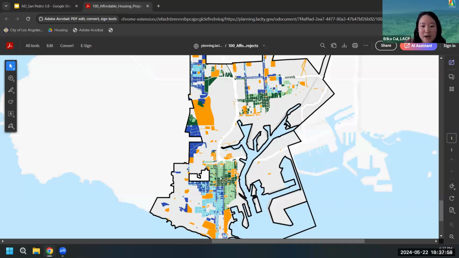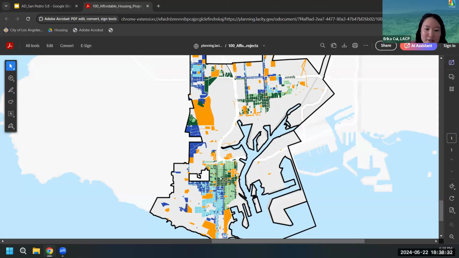That study broke up the city into what they call market tiers, and a market tier is basically the strength of the rental market in that area and the for sale market prices. Low market tiers are generally areas of the city where there's lower rental costs and also lower for sale costs. And a high market tier would be an area where there's higher rental and for sale costs.